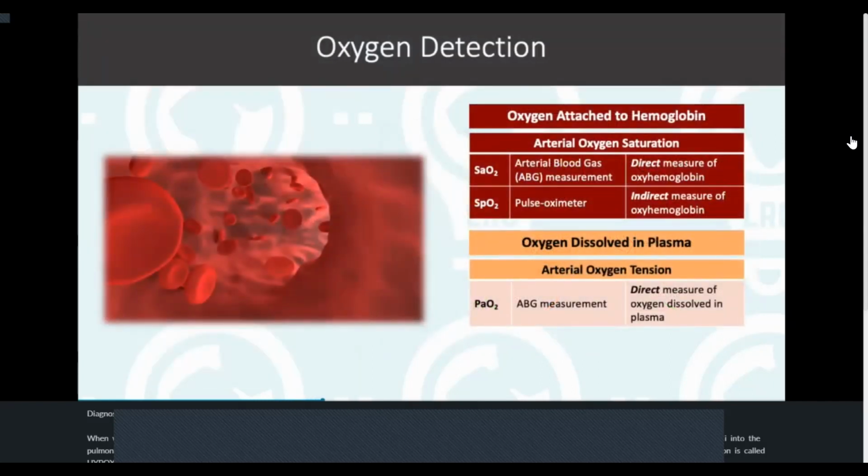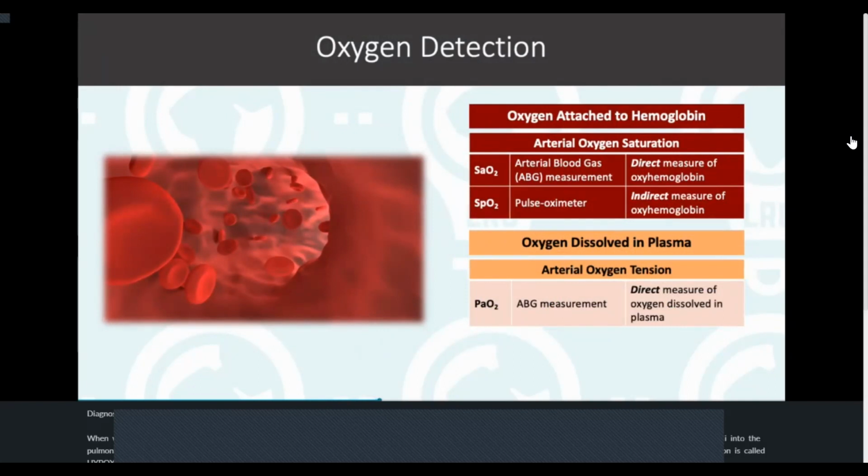Oxygen in the blood can be detected a number of ways. The majority of oxygen is bound to hemoglobin. This is known as oxyhemoglobin. The saturation of hemoglobin can be detected directly using arterial blood gas analysis, or indirectly using pulse oximetry.